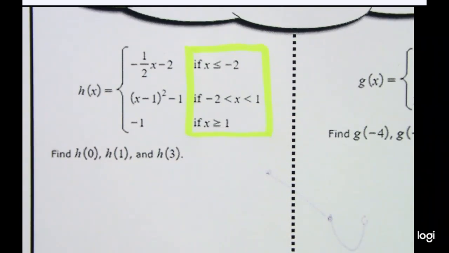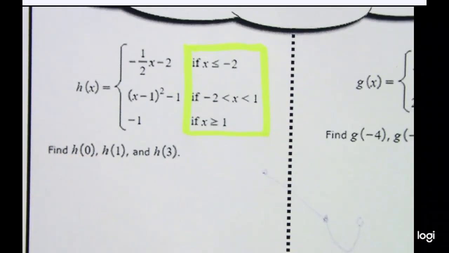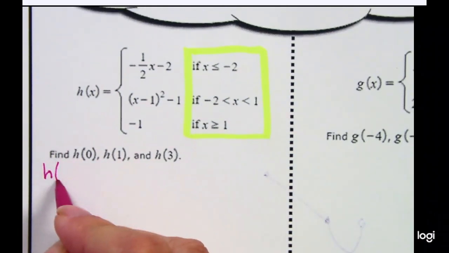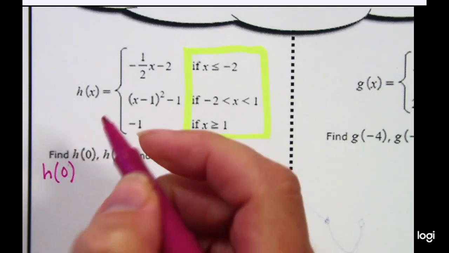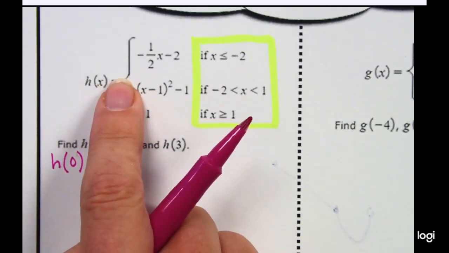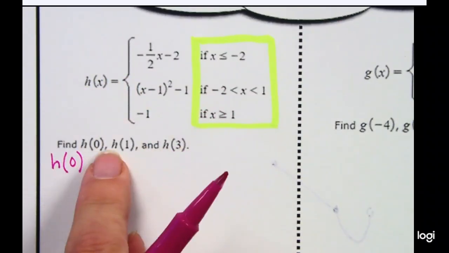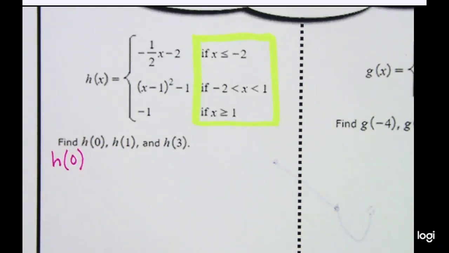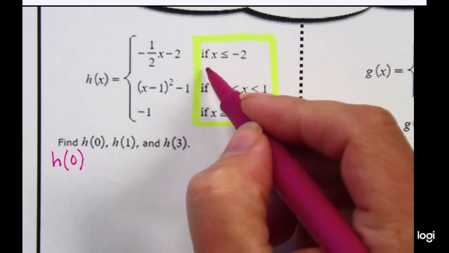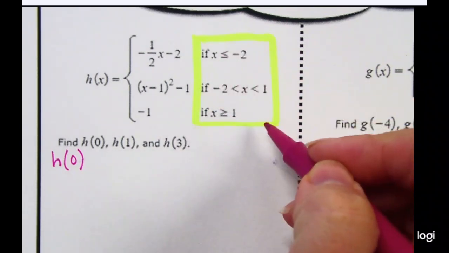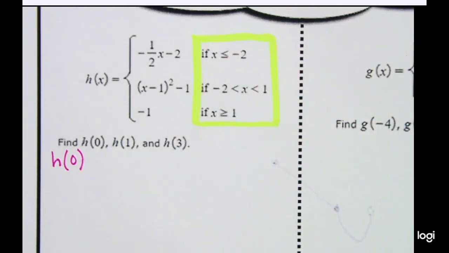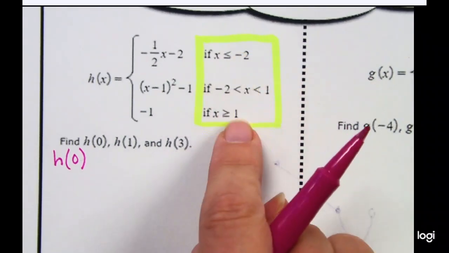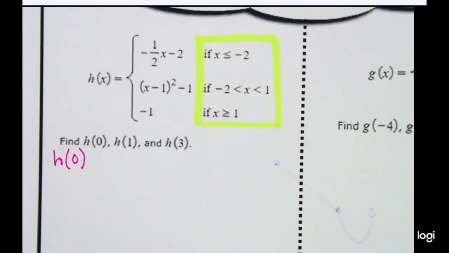The first one that we're going to work on is h of 0. Now remember, this is h of x. H of x. So what are they telling you x equals if we've got h of 0? X is 0. So then I look up here in my domain parameters, and I determine which one of those would 0 fit in, top, middle, or bottom.